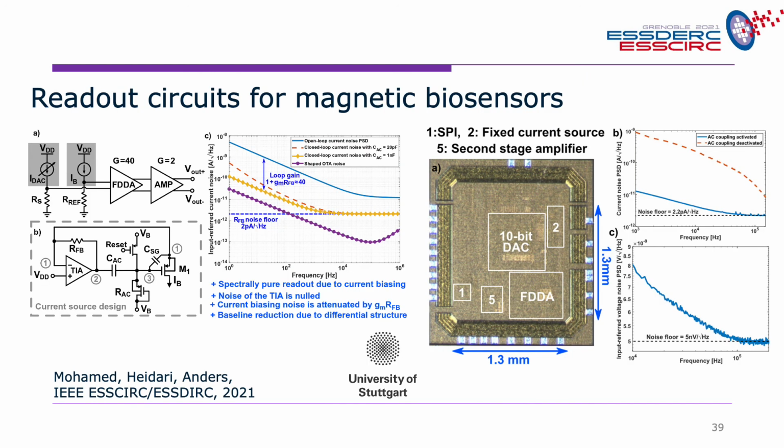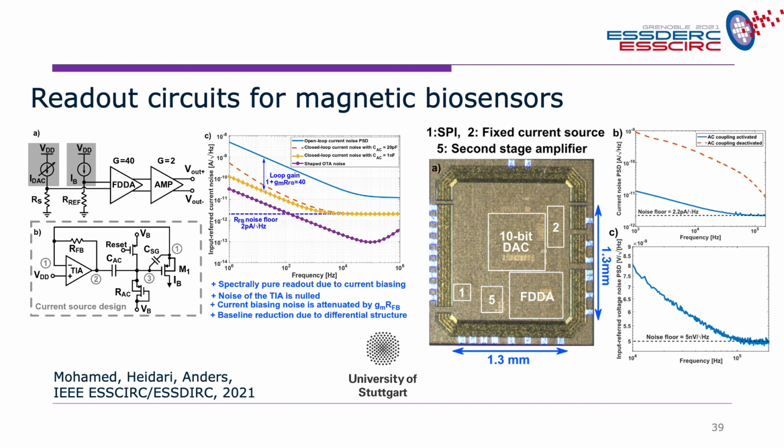For further miniaturization, with our colleagues at the University of Stuttgart we developed a readout chip manufactured in 180 nanometer SOI CMOS technology, and we could integrate it with the TMR sensors to achieve a thermal noise floor of around 5 nanovolt per square root hertz, while consuming 38 milliwatts.